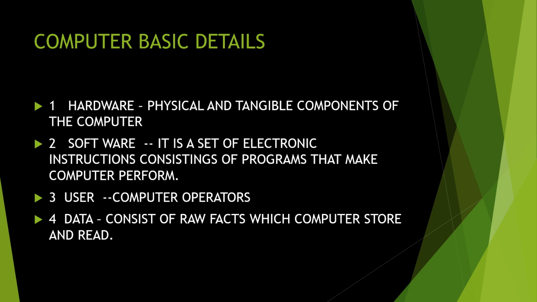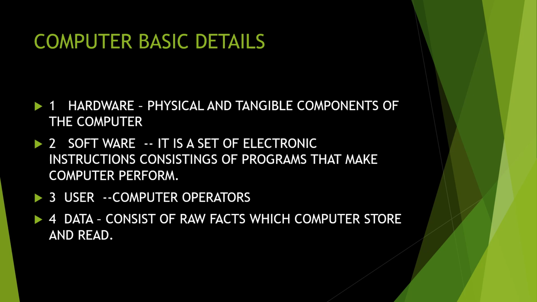Next, what is a user? A user is a person who uses the computer; computer operators are known as users. Next is data. What is meant by data? It consists of raw facts which a computer stores and reads. That is, the files or facts which a computer is storing are what we call data.